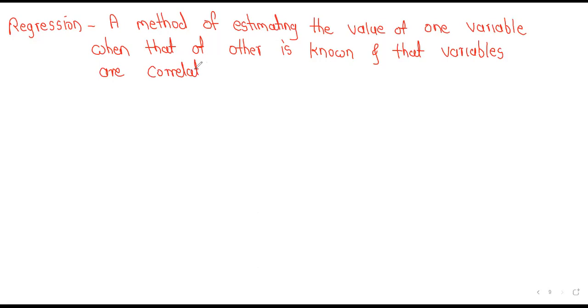Okay. So the regression is nothing but the method of estimating the value of one variable when we know the value of other variable and there must be correlation between x and y.